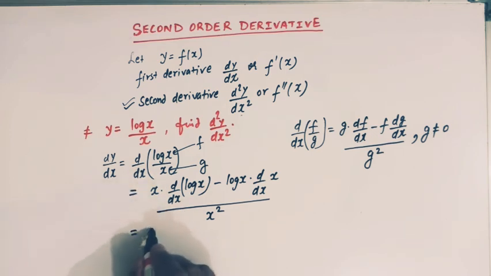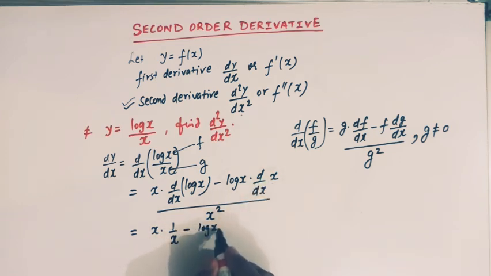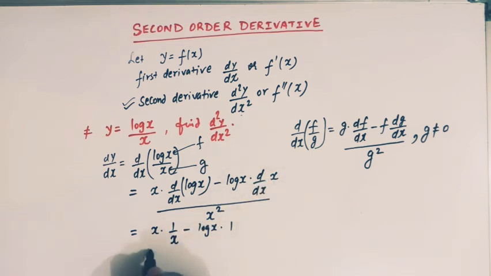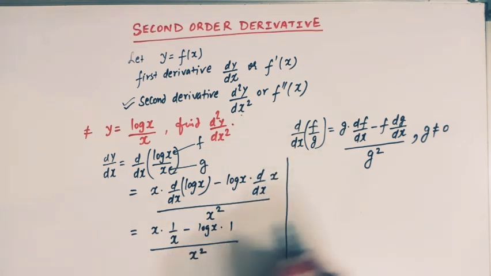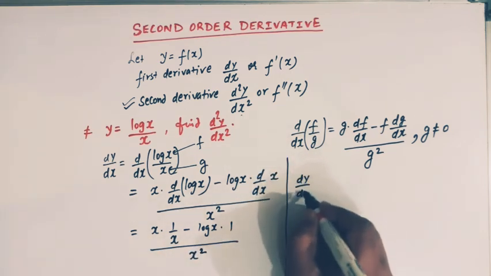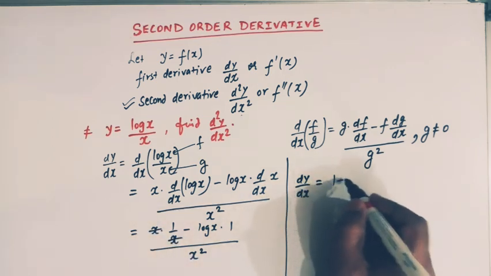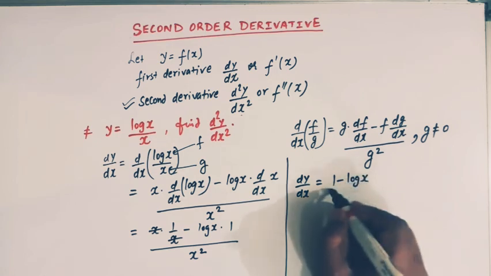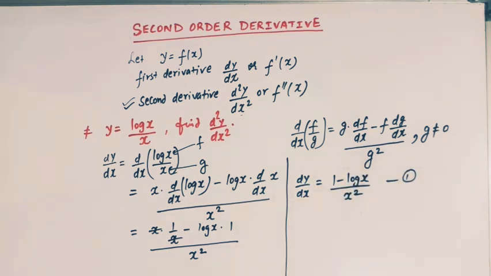Now this is x, derivative of log x is 1 over x, minus here we have log x, then derivative of x is 1, divided by x square. Okay, now here dy over dx is equal to, here x and x get cancelled, so we have 1 minus log x divided by x square. So this is the first derivative.